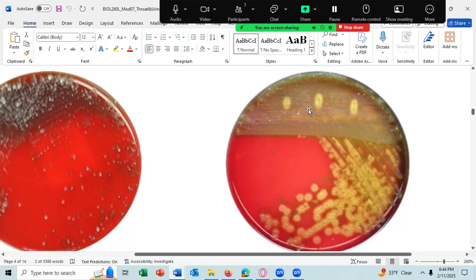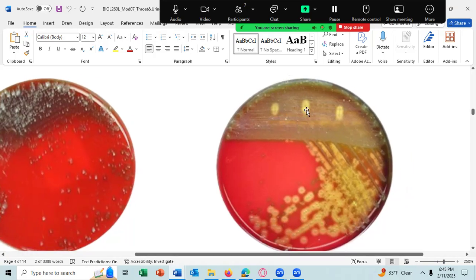I'm not sure why it's happening in these three places and not so much in the rest of the plate. It's probably happening in very small increments, but it's not forming a colony because there's too much growth. But for some reason, you're seeing large amounts there. I don't know why.